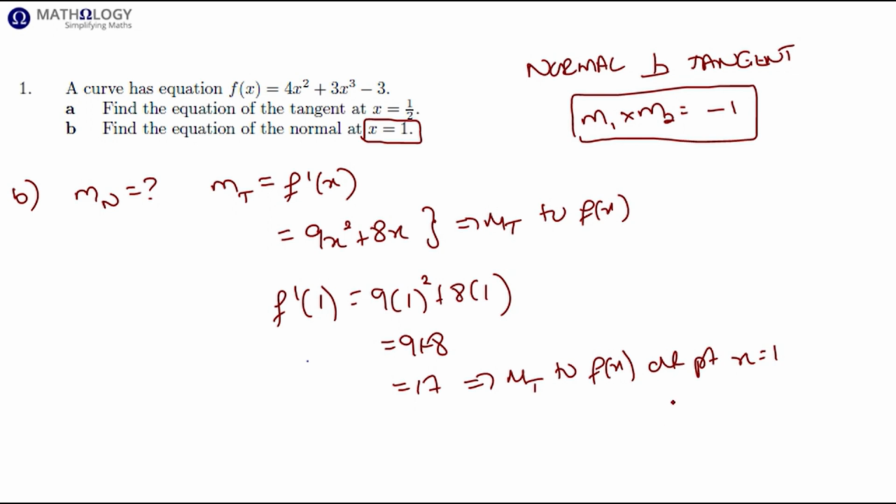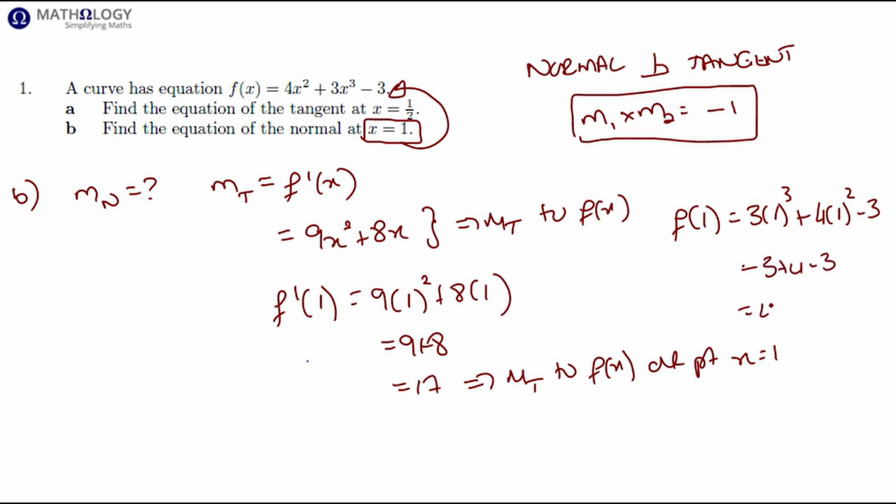Now we're going to determine the point of contact as we did previously. We're going to take x equals 1 and substitute it into the function f of x. So f of 1 will be 3 times 1 cubed plus 4 times 1 squared minus 3. That's 3 plus 4 minus 3, which is 4.